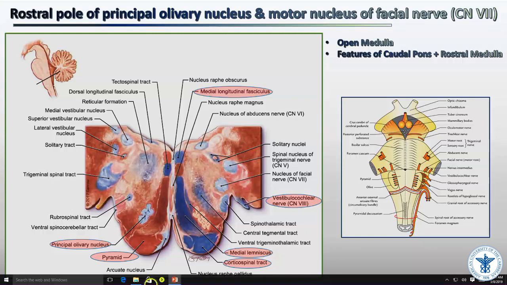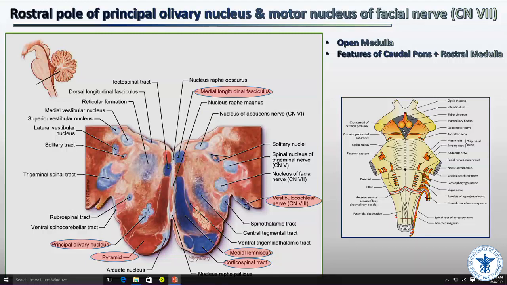And then you have the medial lemniscus here, very important, and we will discuss how it comes to lie in this position, because you remember in the midbrain it was close to the corticospinal tract, and now it's beginning to go dorsal, and we'll talk about that a little later. The one important thing I wanted to stress, which we didn't discuss too much yesterday, was the location of the medial longitudinal fasciculus.